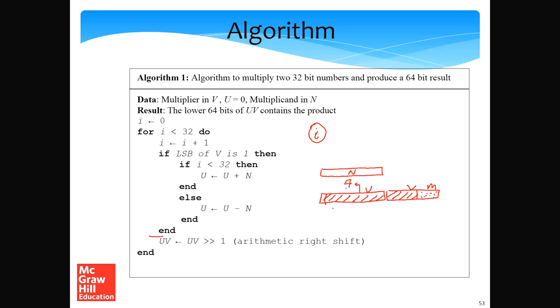So we have an adder like this, we add N plus U, and the result of the addition is fed back to register U. If I just take it out, this is pretty much the same as doing the following addition, where I write register N here, which is the multiplicand, and then I consider the partial sum, where the partial sum is starting one bit to the right.